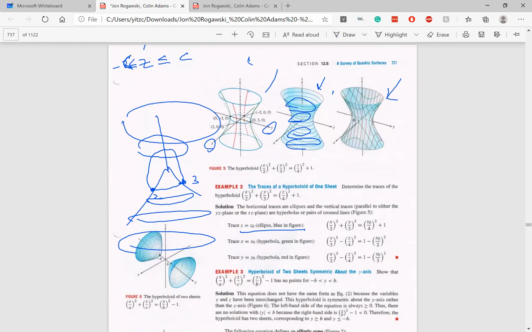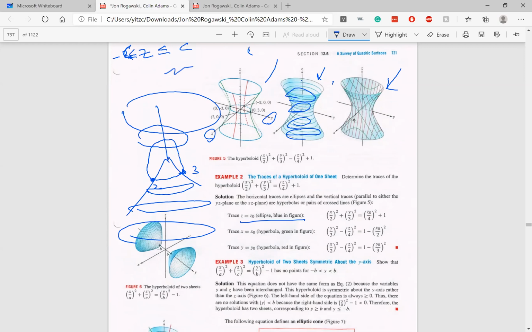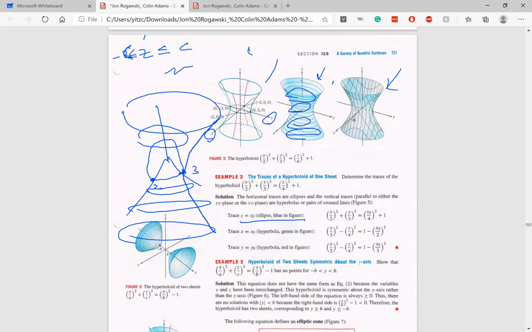They're going to be hitting all the ellipses, like that. And those are these over here. And then you're going to have ones coming from here and from here in the y direction. Those are those. And yep, that's basically it.